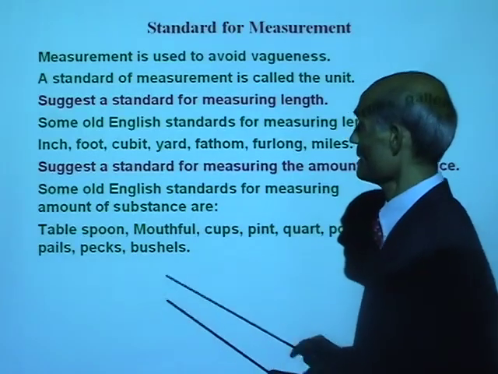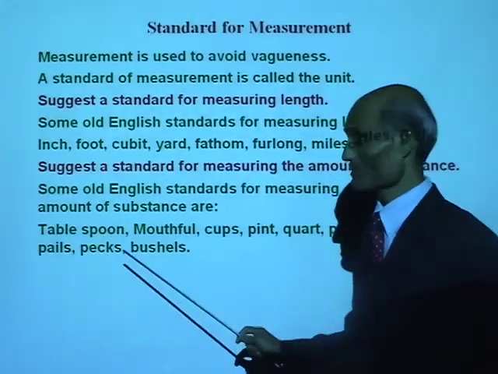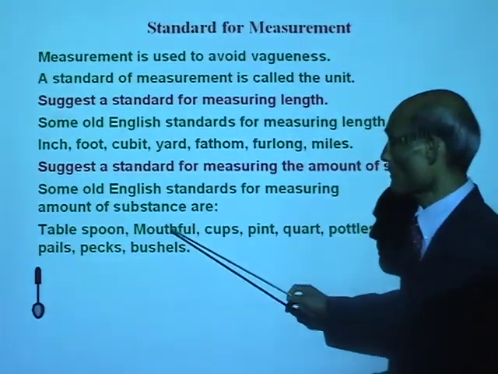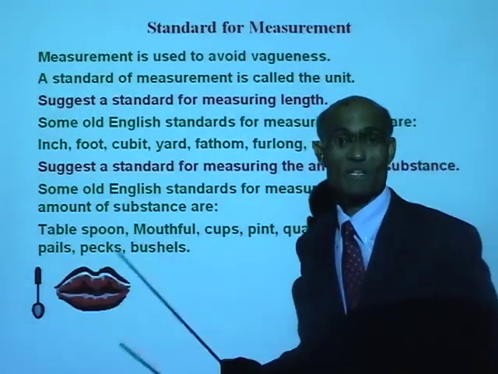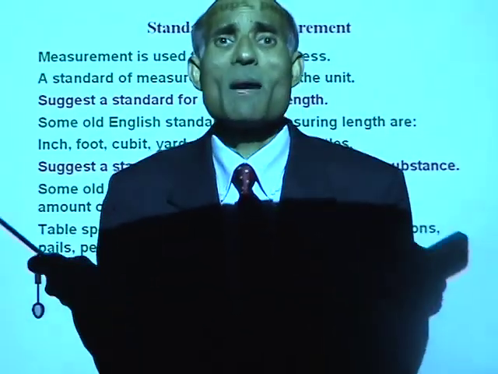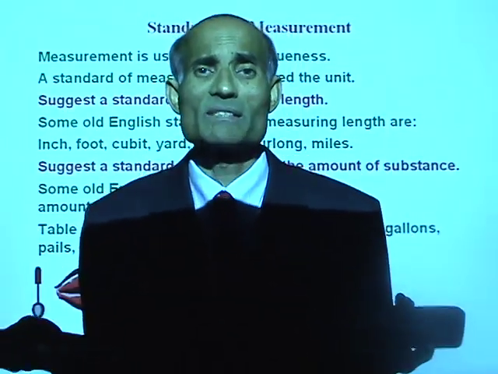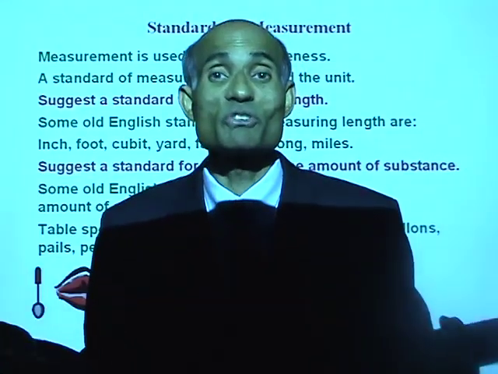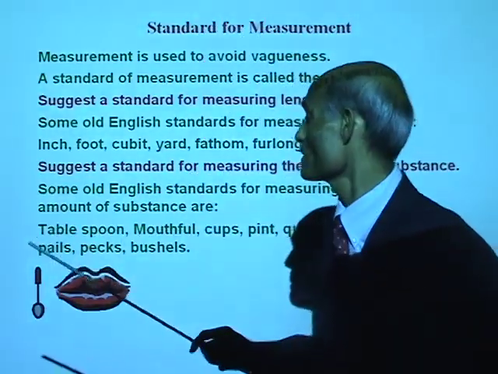What are they? Tablespoons. Well, tablespoons, mouthful. Have you seen that? Can you go to a pub and say, give me a mouthful of beer? Well, apparently, mouthful was a unit used in ancient England.